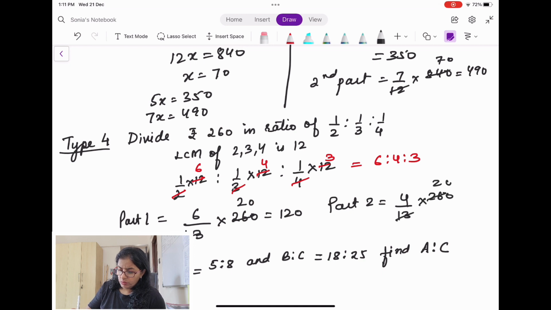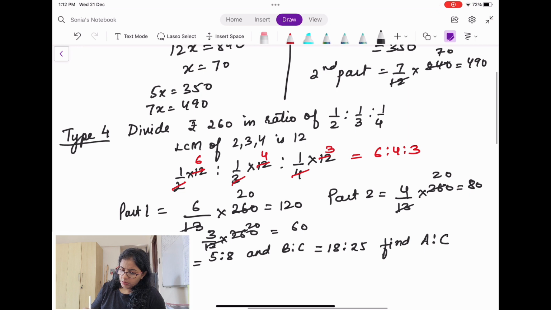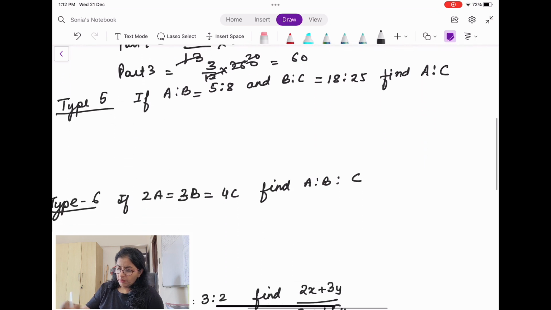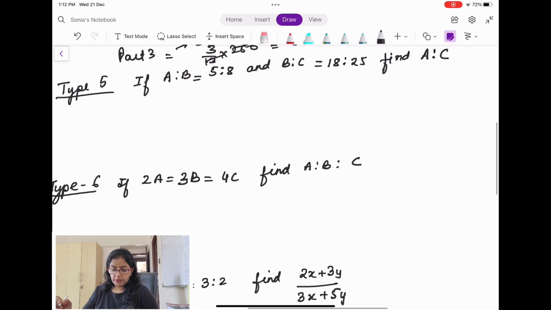Part 2 will be 4 upon 13 into 260, 80, and part 3 will be 3 upon 13 into 260, that is 60. And we can check the sum is 260 here. That's how we do it.